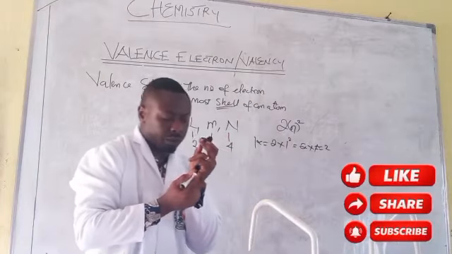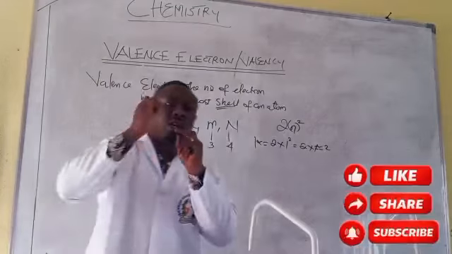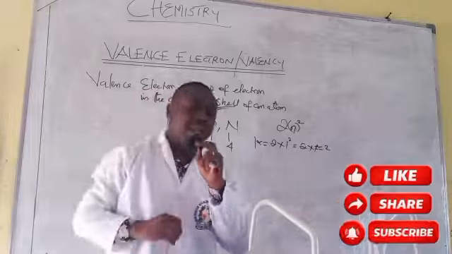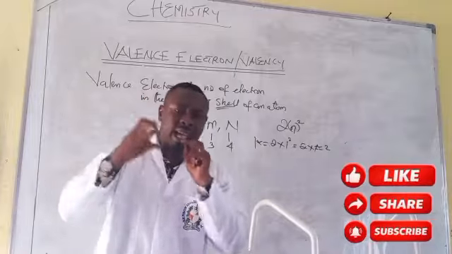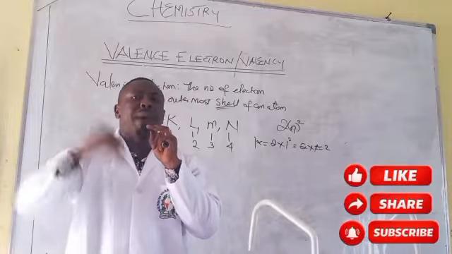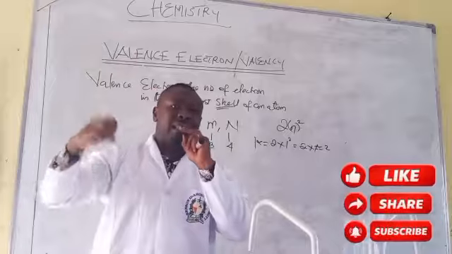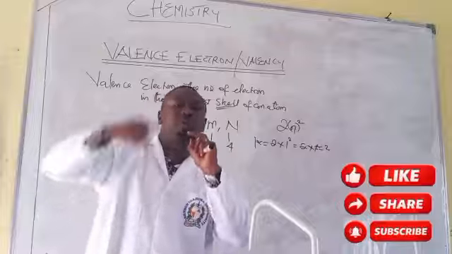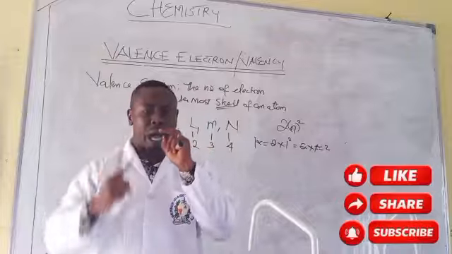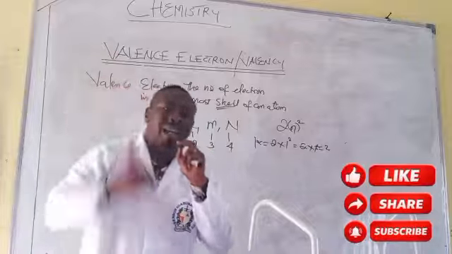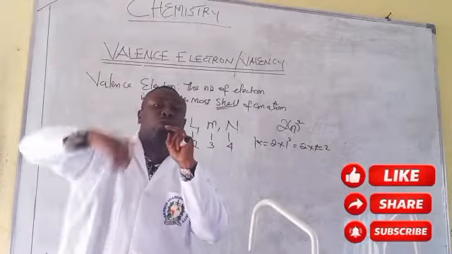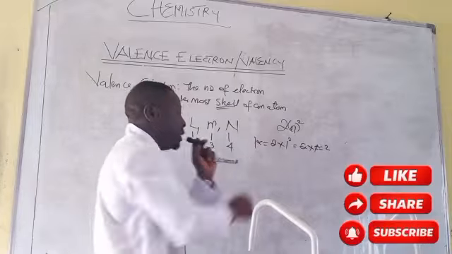Please take note. When I say the number of electrons that K can carry, it does not mean that it's only 2 that K can carry. The maximum number of electrons that K can accommodate is 2, while the minimum it can accommodate is 1. That means it can accommodate 1 and 2 electrons inside the shell.